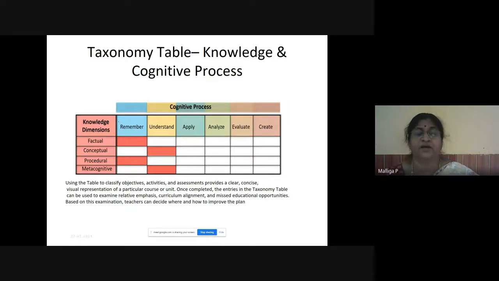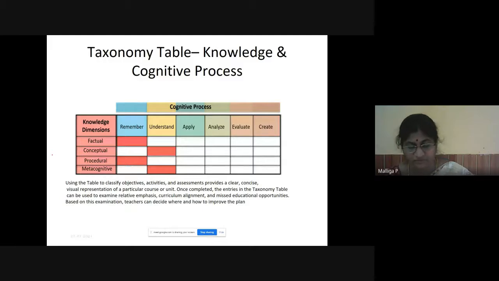Clarity is given for the teachers, particularly, to create their objectives, activities, and assessment, so that your curriculum is aligned, and you can also check out the curricular gaps and the missed educational opportunities. So it is always helpful for the teacher to see where and how to improve. That is very much useful.